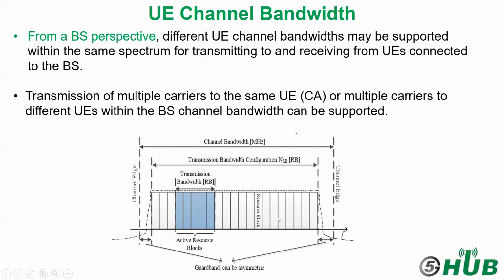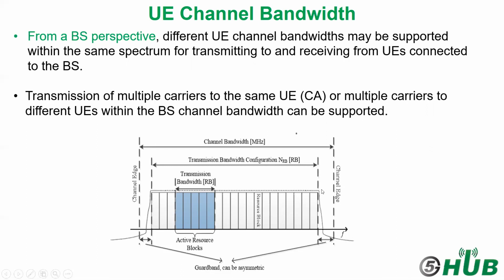So in this figure, you can see this is the total channel bandwidth in megahertz, and the transmission bandwidth configuration will be the number of resource blocks, and the active resource blocks is the actual transmission bandwidth or user equipment bandwidth part.